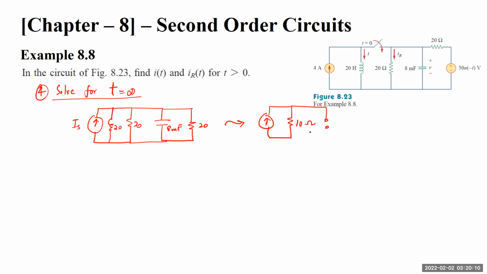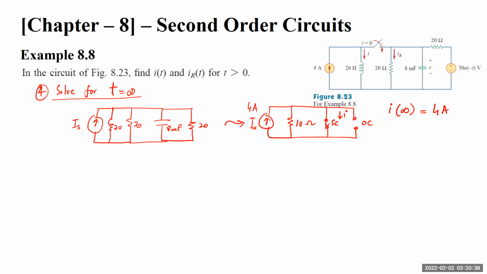The inductor will behave as a short circuit, and the capacitor will behave as an open circuit, right? So this is how the circuit would look, and this is the value of Is, equal to 4 ampere. So the current through the inductor, i at infinity, is equal to 4 amperes.